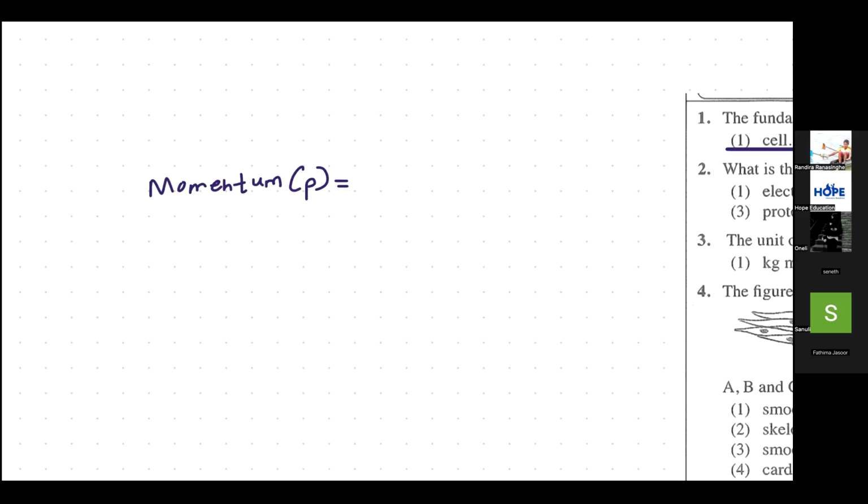Formula, equation. I'm first asking the equation.